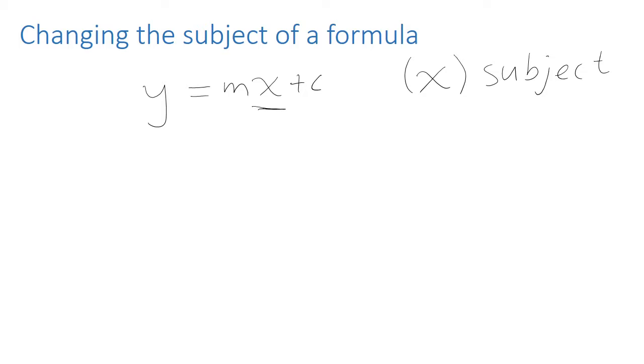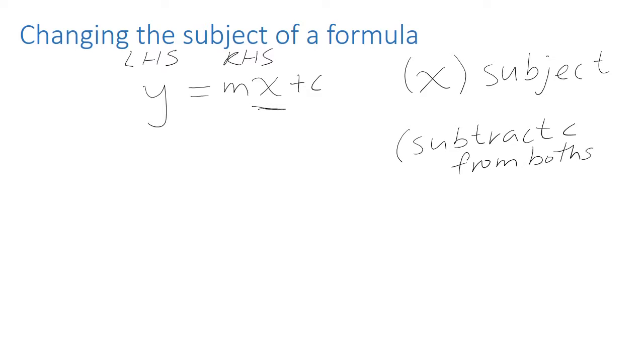So in this case, we want to firstly subtract c from both sides. So on the left-hand side, we've got y minus c, and on the right-hand side, we've just got mx left.